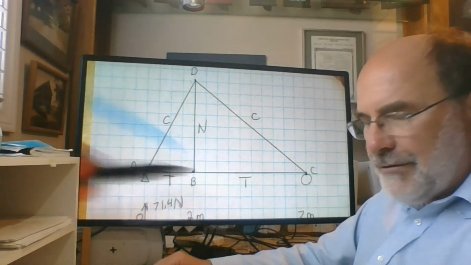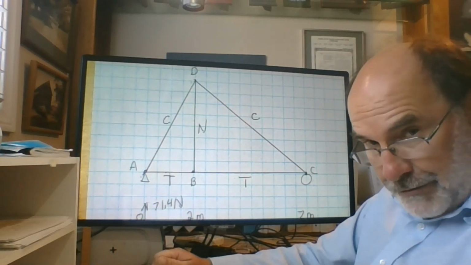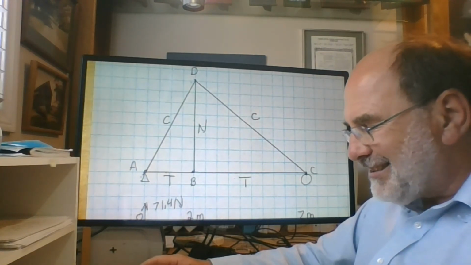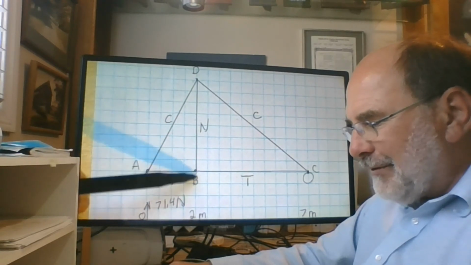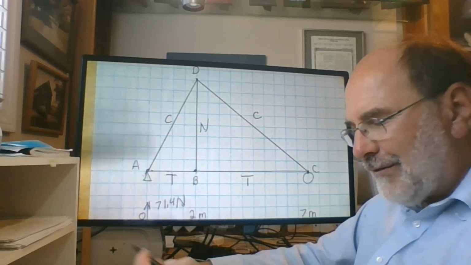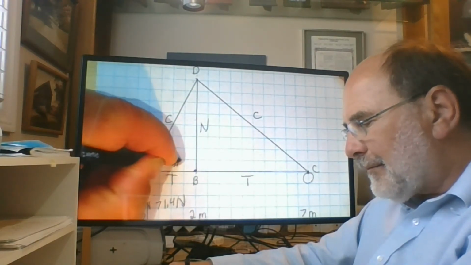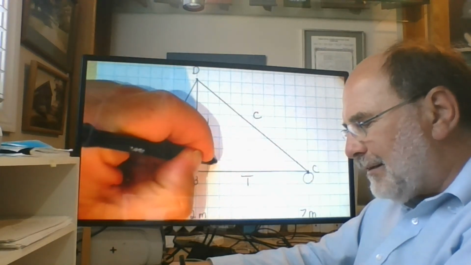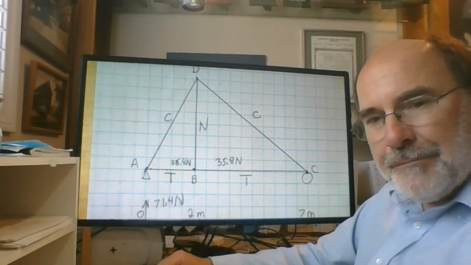Notice that the length of the truss is not related to the magnitude of the force. It is under certain conditions, but here's an example where this is pulling to the left with 35.8 newtons, and this longer beam is pulling B to the right with a force of 35.8 newtons.